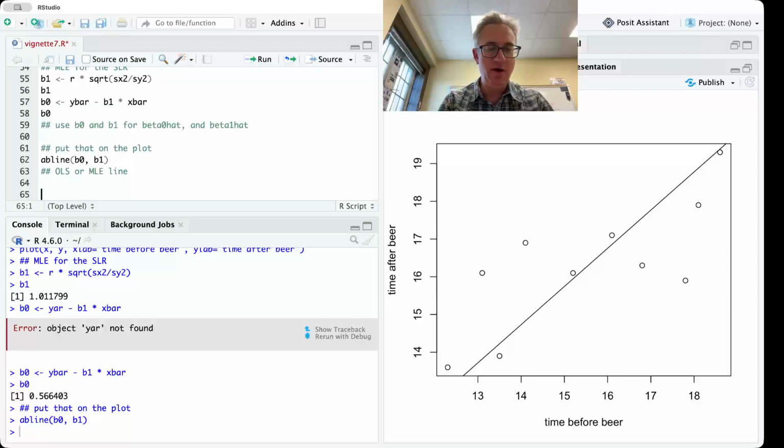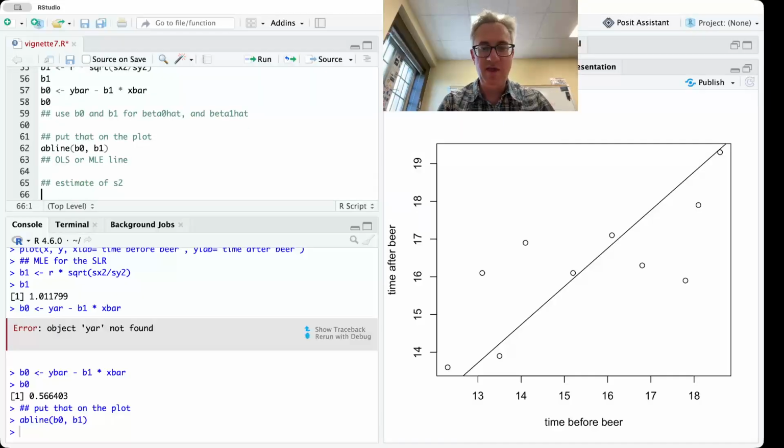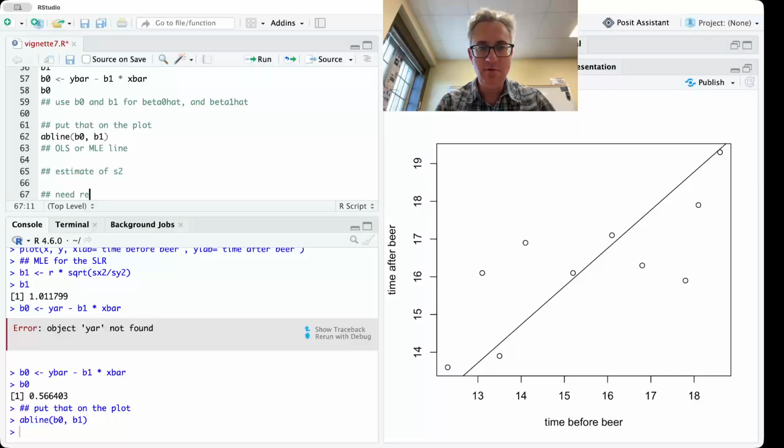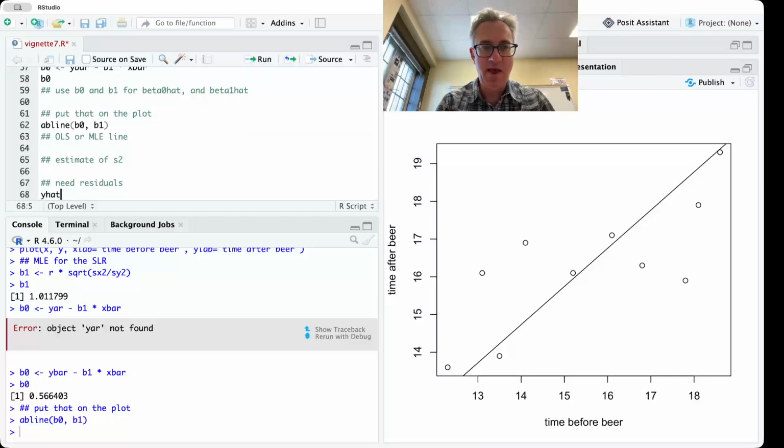Now what else? We also have the estimate of s squared. So first for that, I need to calculate the residuals. So y hat, we can call that mu hat or y hat. In the book I call it y hat. So that's my estimated intercept plus estimated slope times x.